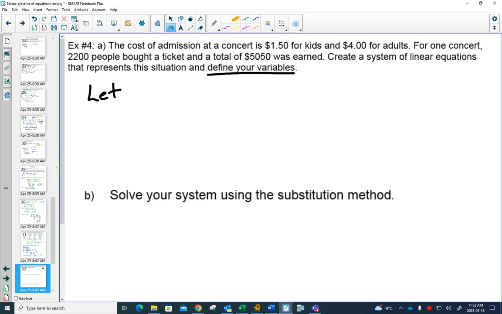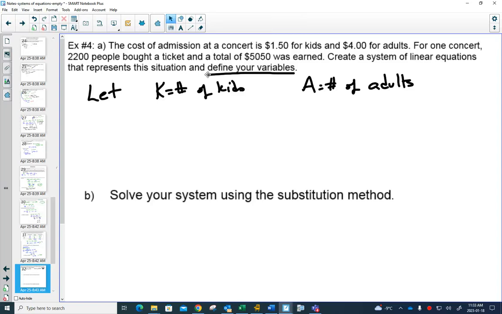We're going to let K equal the number of kids and A equal the number of adults. So that's defining our variables. That way everybody's using the same variables.